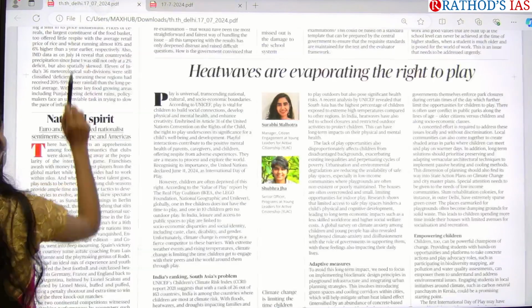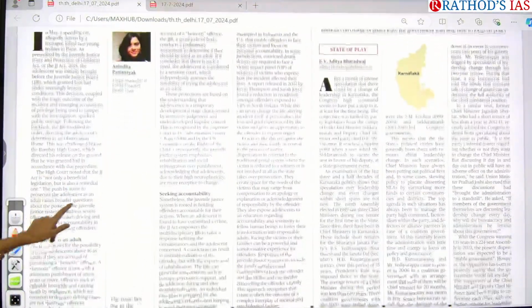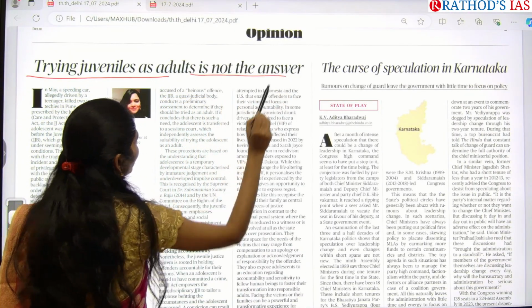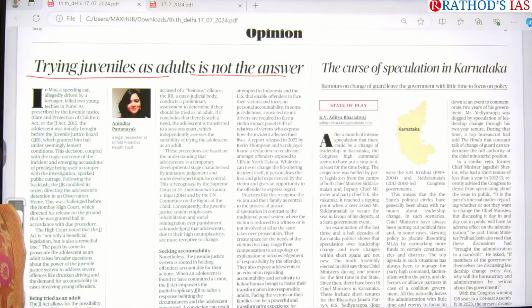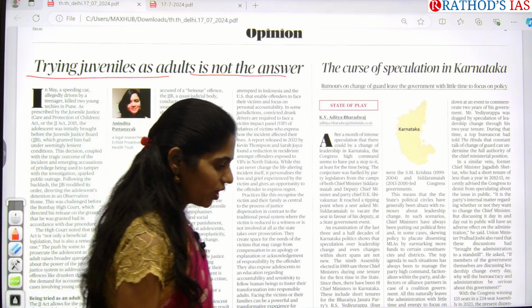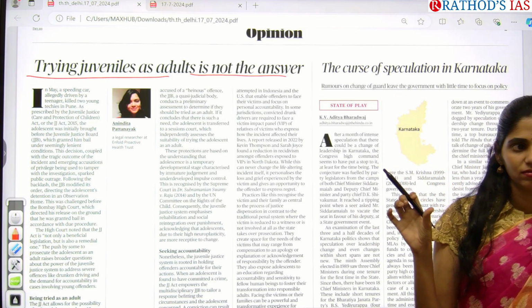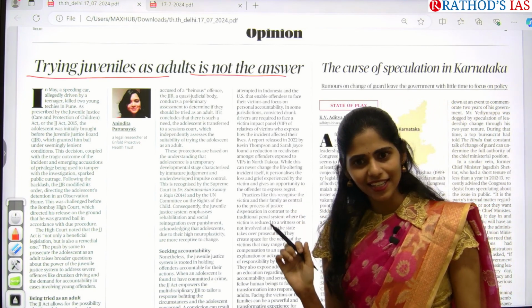Okay. Let us go to the next page. Here you can see one article: Trying juveniles as adults is not the answer. Tell me, what do you understand by juveniles? What is the meaning of juvenile? Less than 18 years.